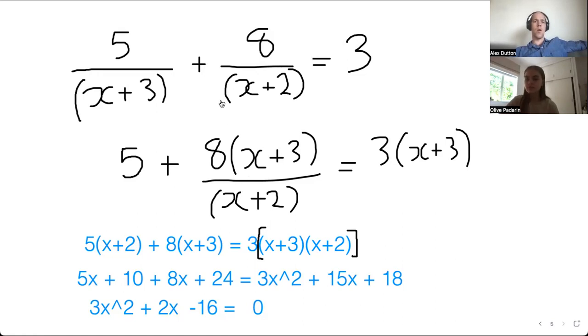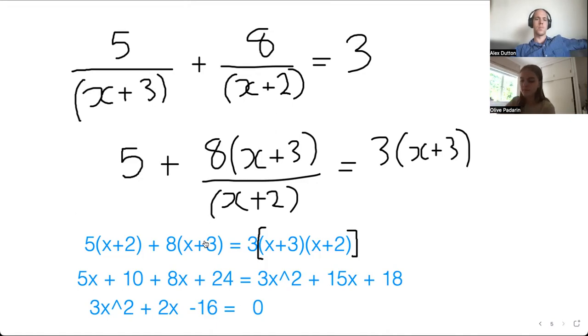Doesn't matter. Wait, my negatives are different to yours though. Is that because you flipped it around? Yeah, so what you should find is that all your negatives are now positive and all your positives are now negative. Okay. Yeah, but just because I have negative 3x squared and negative 2x and positive 16. Yeah, exactly. So if you just multiply everything by negative 1, then you'll be fine.